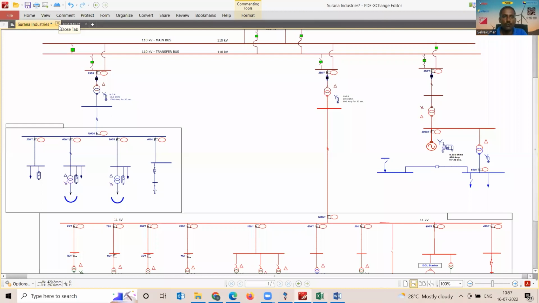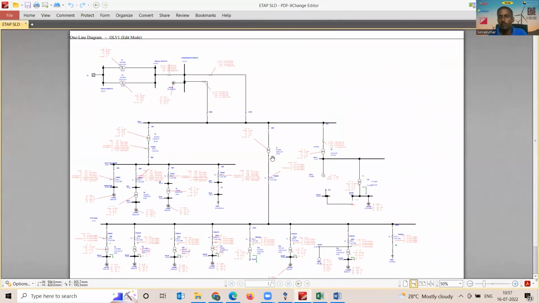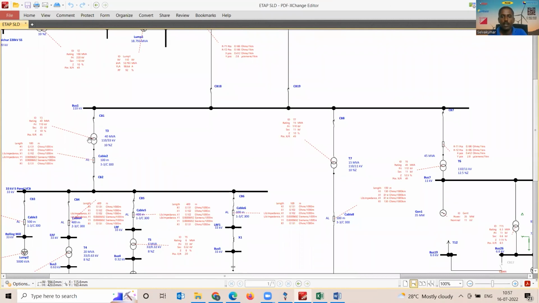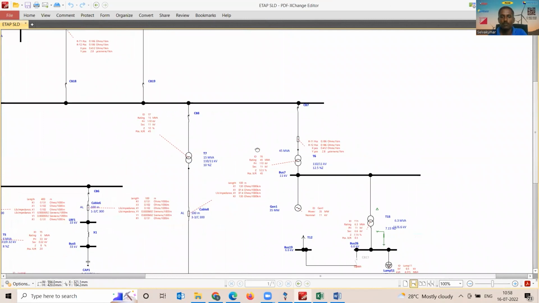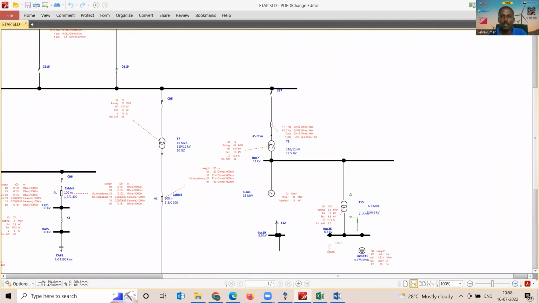That's pretty much what we need to understand. For this 40 MVA arc furnace transformer, 15 MVA auxiliary transformer, the 45 MVA generator step-up transformer, and the 6.3 kV unit auxiliary transformer for this power plant, whether these transformers have to be on-load tap changers or de-energized tap changers.